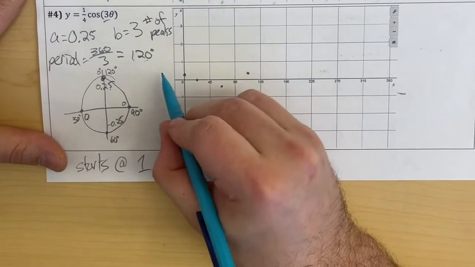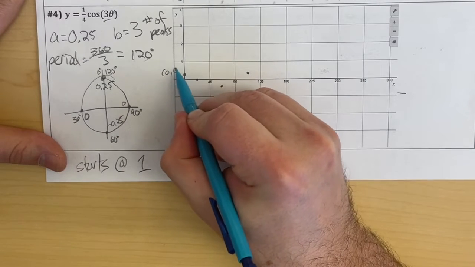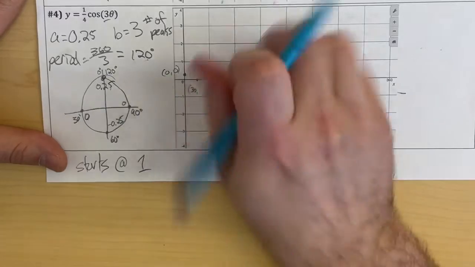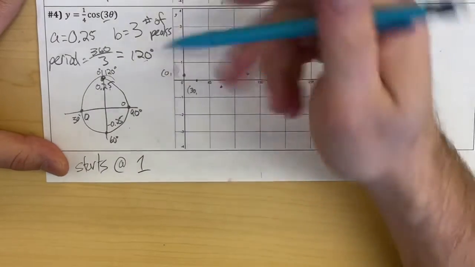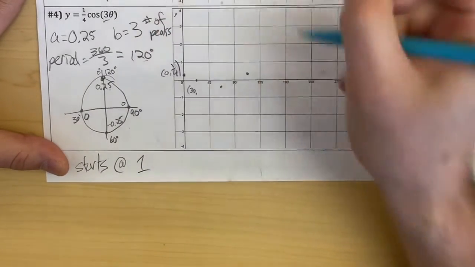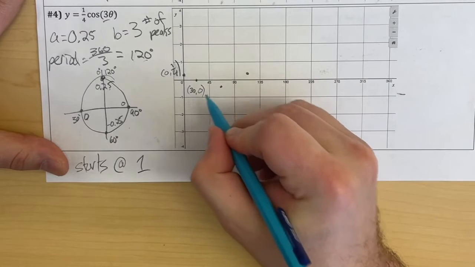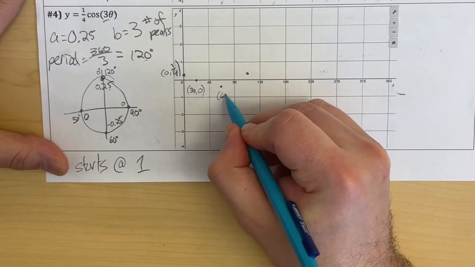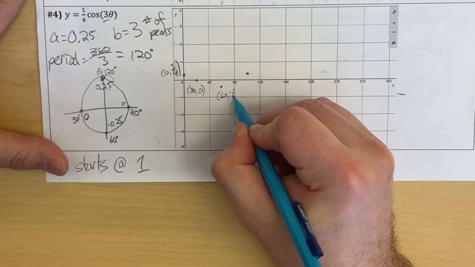Let me try labeling these. I have 0, and then 1/4. There we go. This is 30, 0. This is 60 and negative 1/4.